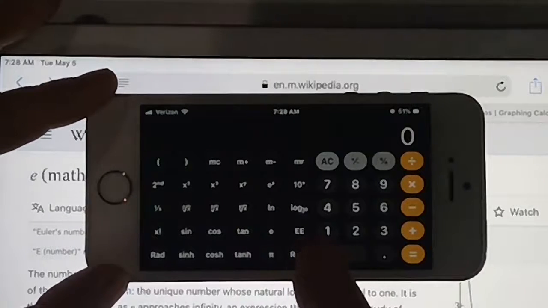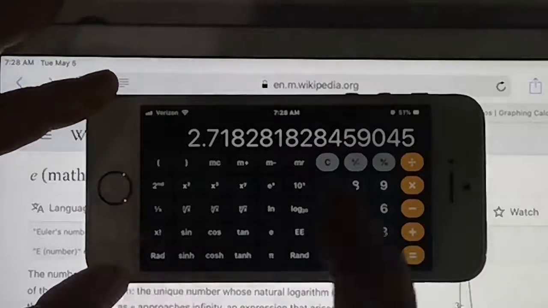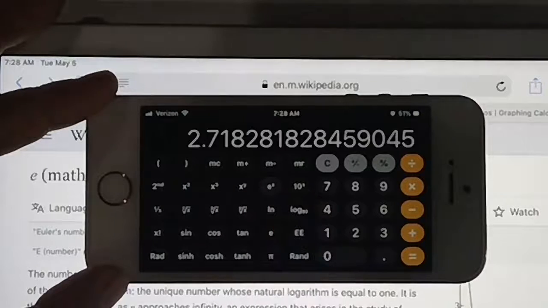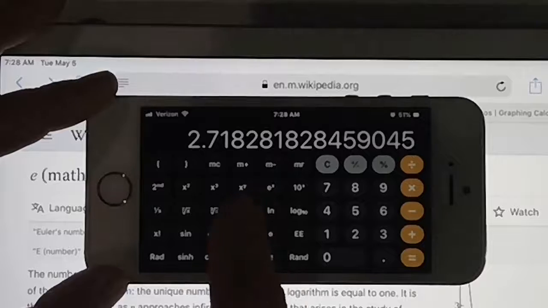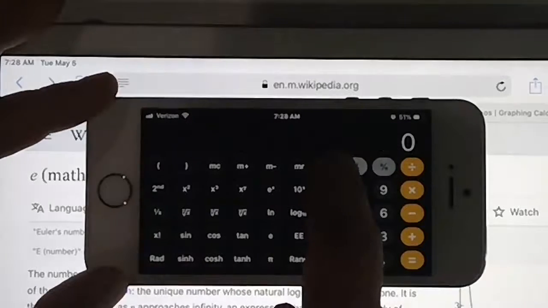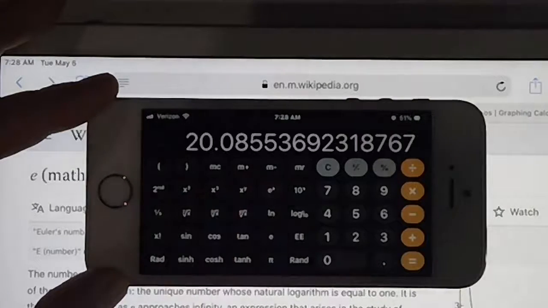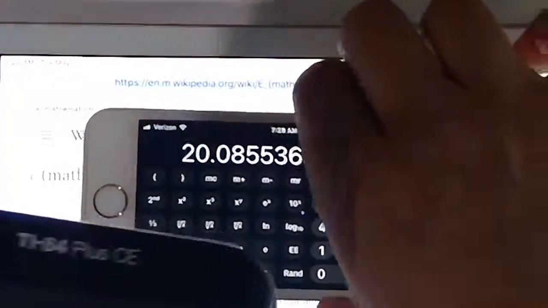So e to the first power, if I push an e, it's there. e to the second power. If you have to raise your exponent, you're probably going to be using that function. So for example, e cubed, you put the 3 first, and then you hit e to the x, and you get that. If you have your calculator, you kind of have to find where that's going to be.